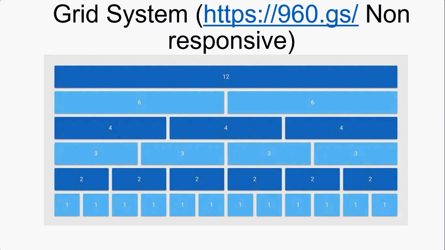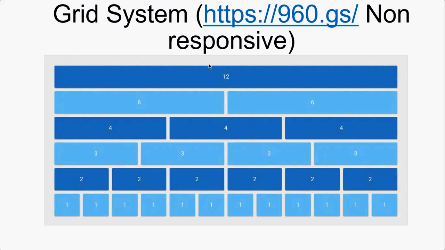What is the use of a grid system? To divide the design into columns. Correct.